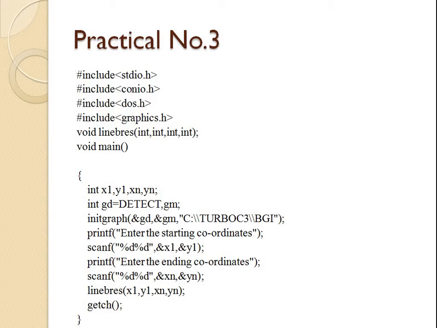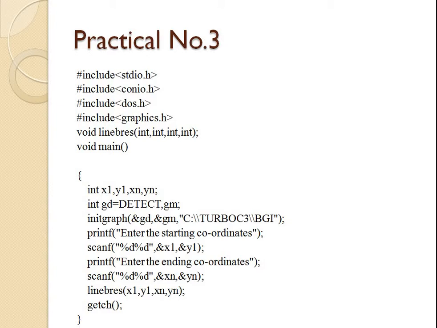Here the procedure is: first, input the two line endpoints, storing the left endpoint x0, y0, and plot the point. Then calculate the constants delta x and delta y, then 2 delta y and 2 delta y minus 2 delta x, and get the first value for the decision parameter.